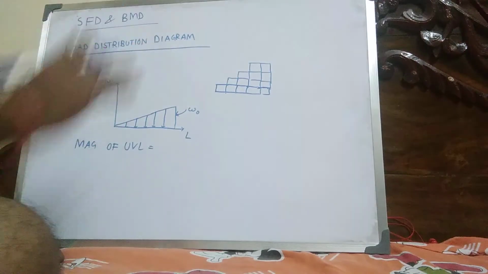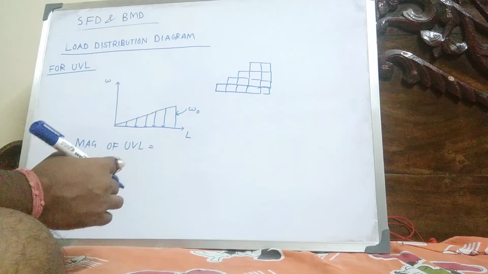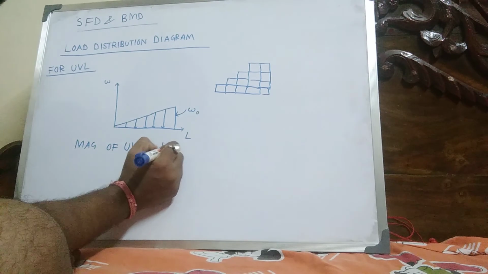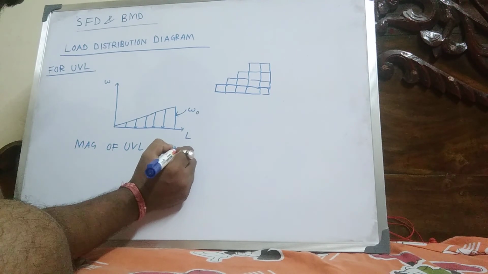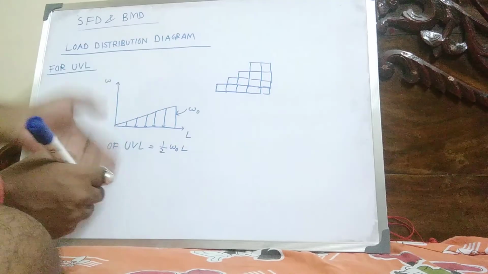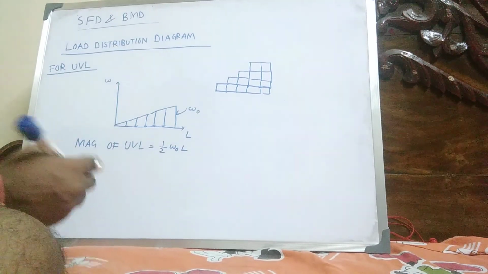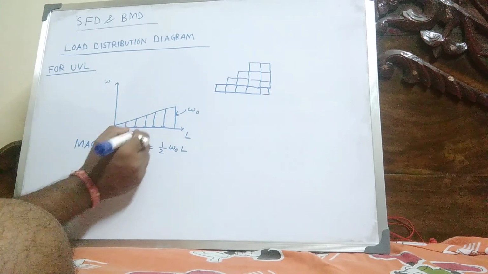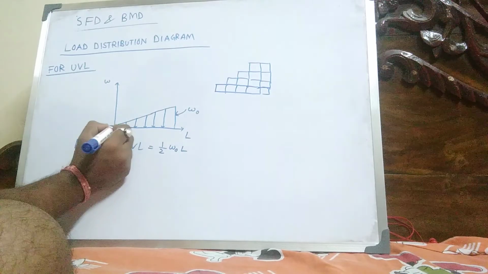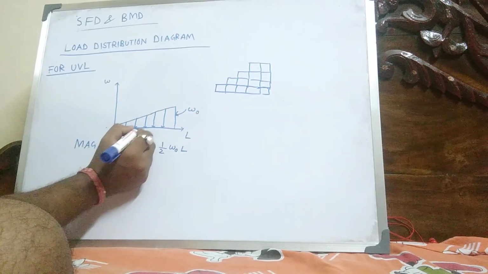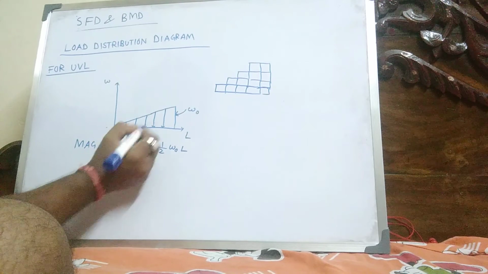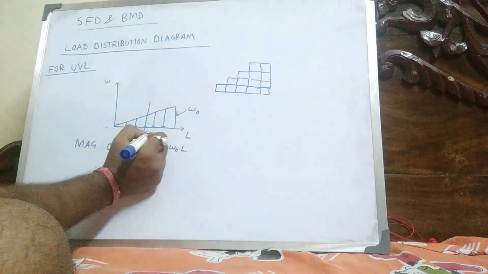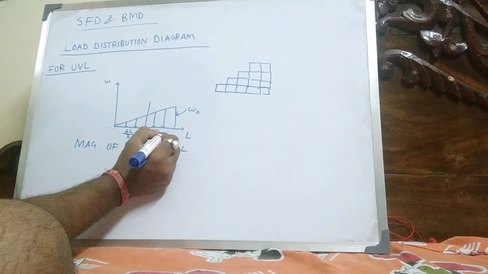So the area of the load distribution diagram is the magnitude of UVL, which is half into w naught into L. Total length is L, and the centroid is at L by 3 from the origin.